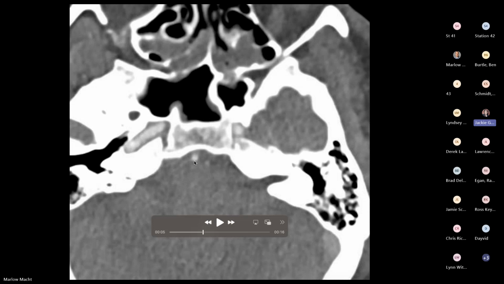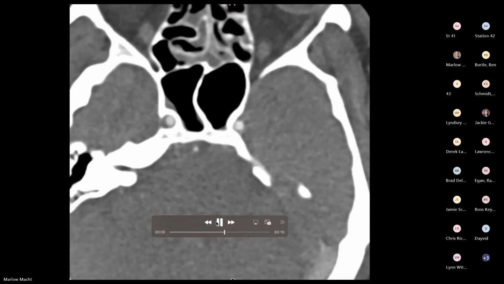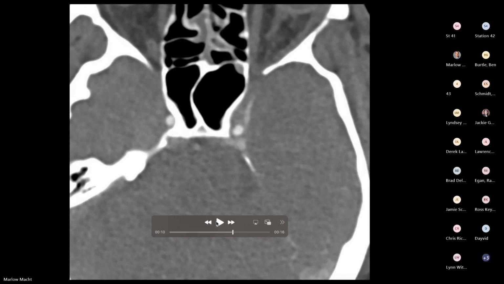As we play it, you'll see it disappear. Yeah, right there. So then it goes away. So it's just a representation of this really important vascular structure being occluded and having some pretty profound sequelae from this type of stroke. And then we'll go back to the other screen when you get a chance.